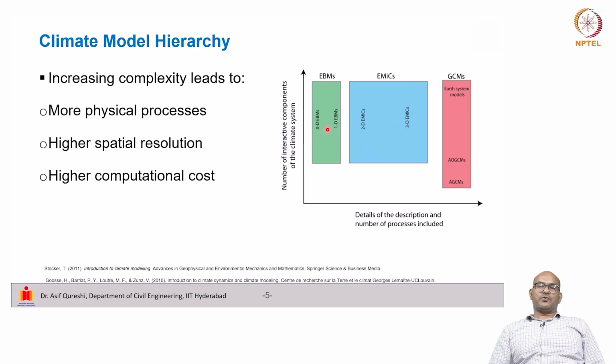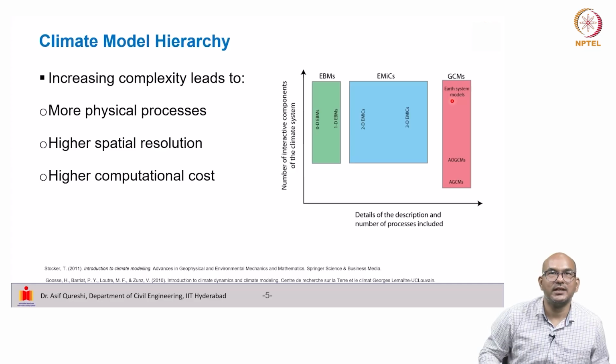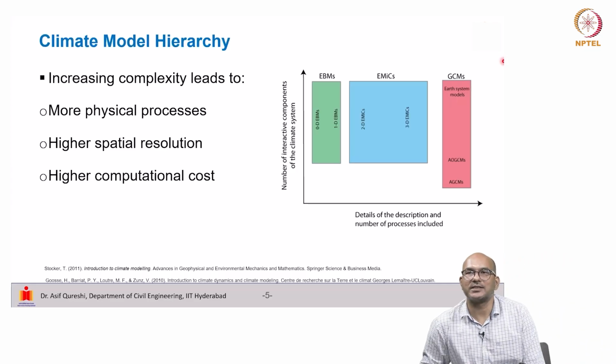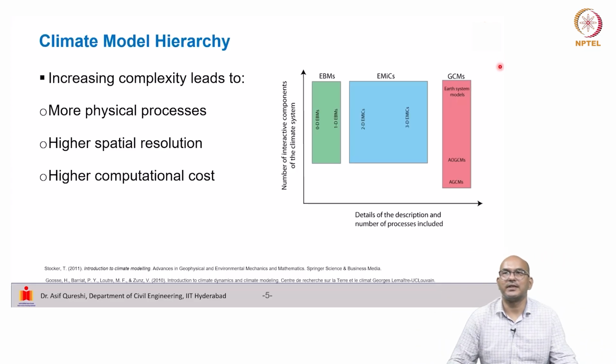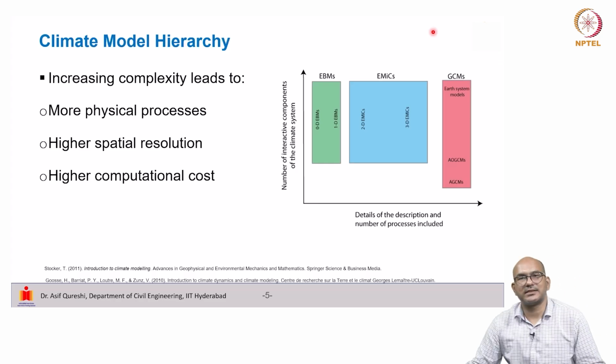Then we have 0 and 1D energy balance models. Here we have the number of interactive components of the climate system. As we see, these Earth system models are at the top apex of both the number of interactive components as well as the details of the description and the number of processes that are included.